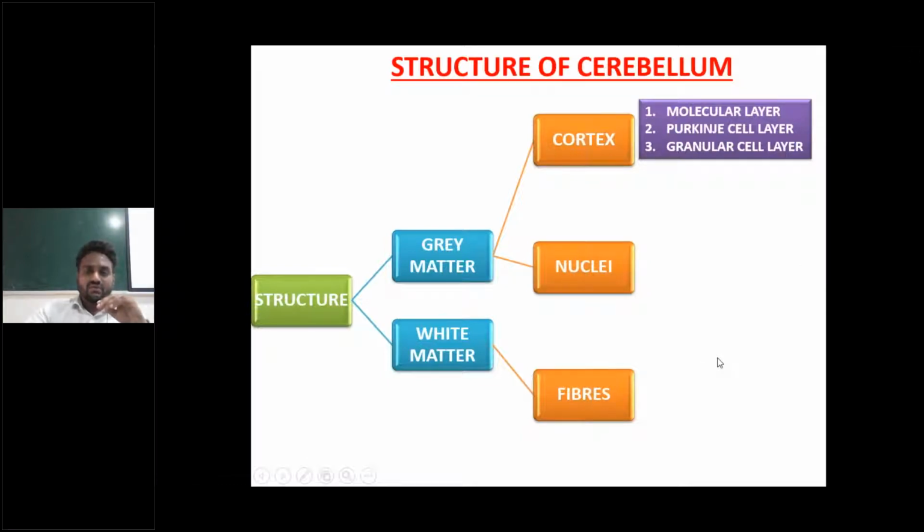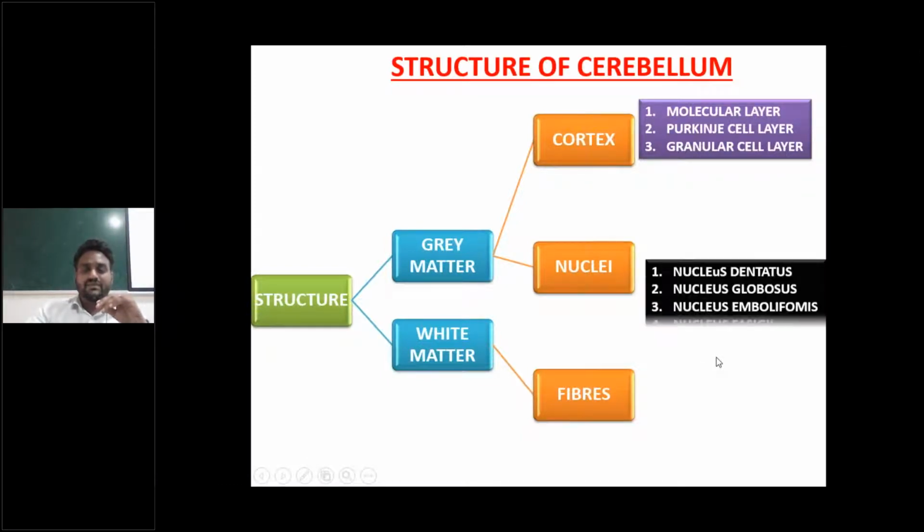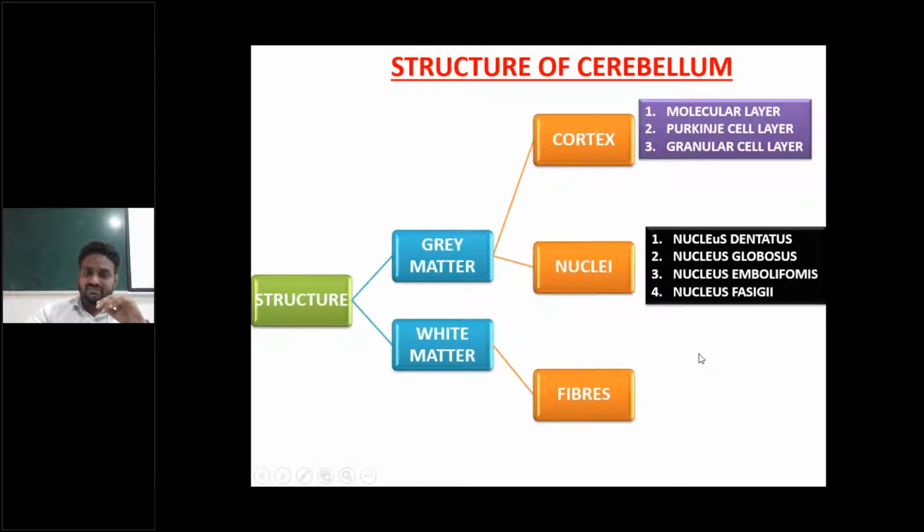There are four pairs of nuclei present in the cerebellum, that means four nuclei for each cerebellar hemisphere. These are named nucleus dentatus, nucleus globosus, nucleus emboliformis, and nucleus fastigii. So these are the four cerebellar nuclei.